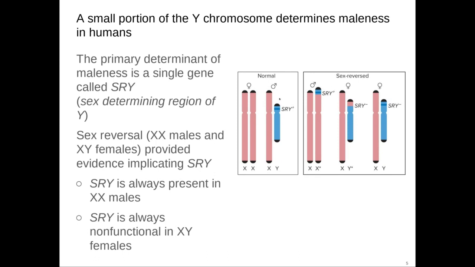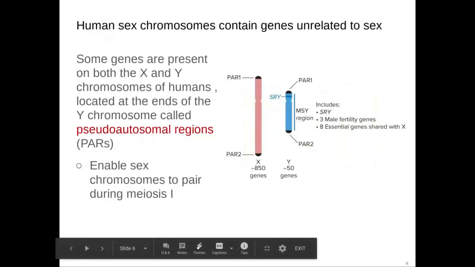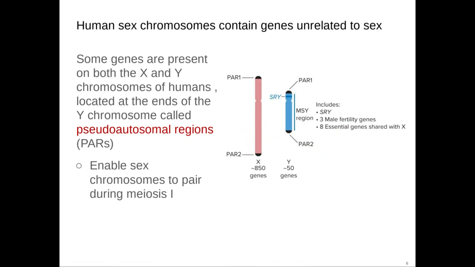Now, again, SRY is really determining whether or not you develop testicles or ovaries. And the reality is, homology speaking, testicles and ovaries aren't all that different. They're gonads. And so it's simply the processes that come along with developing testicles versus ovaries. And once you develop one or the other, you have this change in chemistry in your body, which dictates you becoming a male.